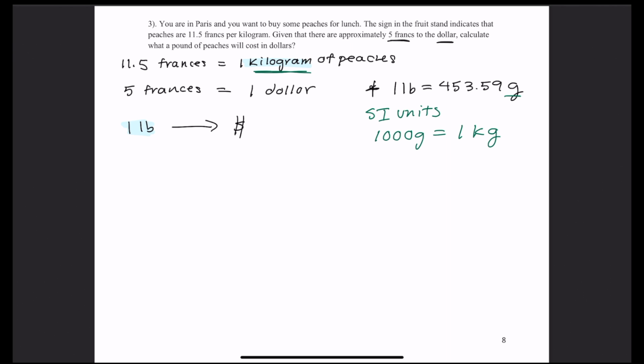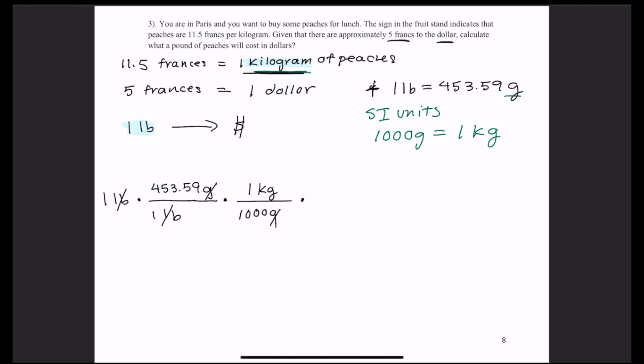Okay, now knowing that, let's solve this. So 1 pound of peaches is times by 1 pound here is equal to 453.59 grams, times it by 1,000 grams, because it cancels out, right? Equals 1 kilogram.